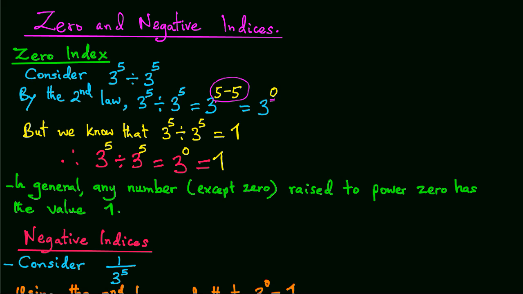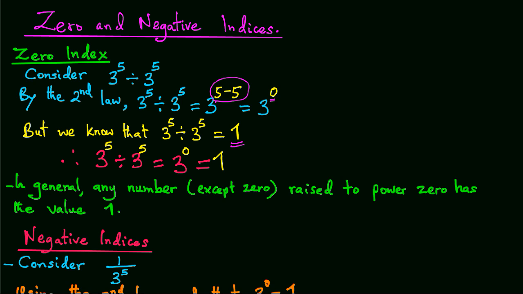But we are aware that a number divided by itself is equal to 1, with the exception of 0. So in this case, 3 power 5 divided by 3 power 5 is equal to 1.